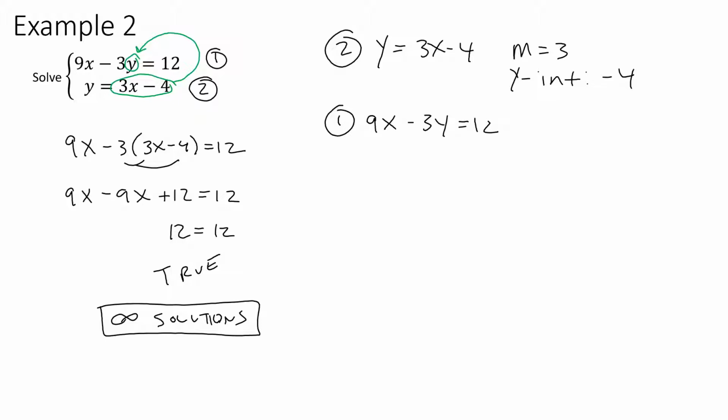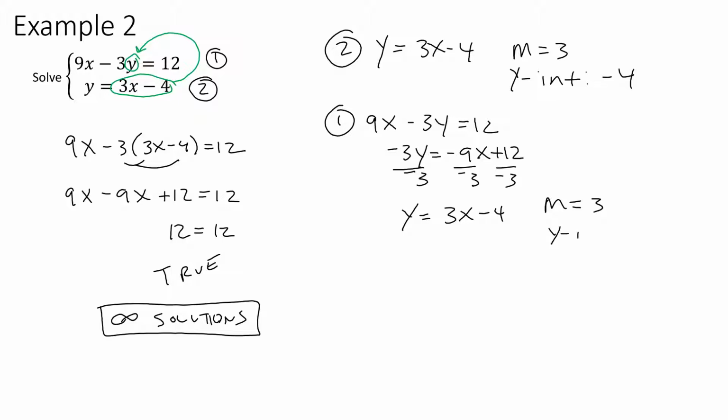So we're going to solve number 1 for y equals mx plus b form. So I'm going to divide everything by negative 3. And I see that the slope is 3 and the y-intercept is negative 4.